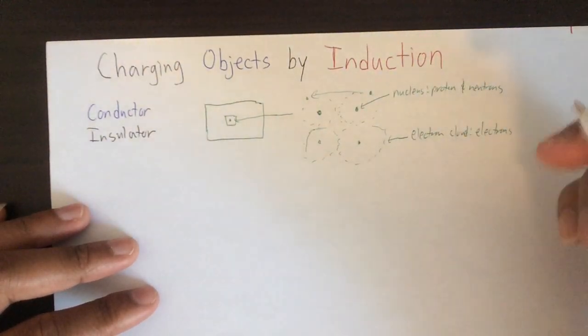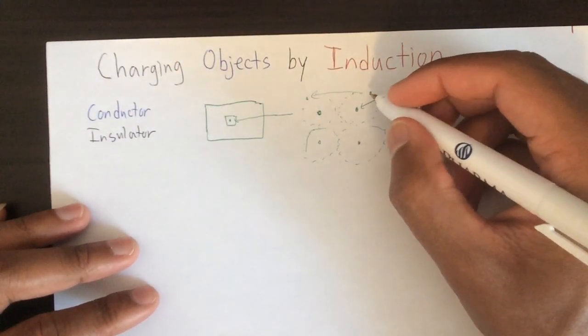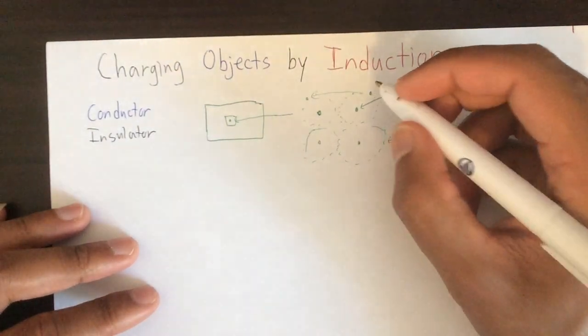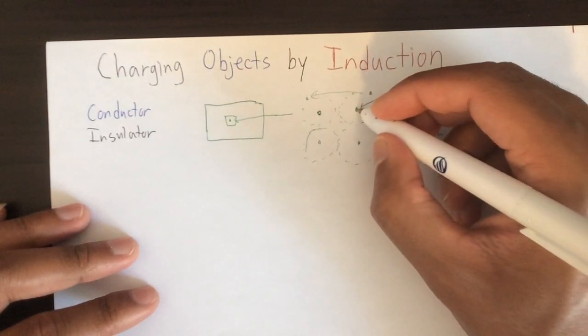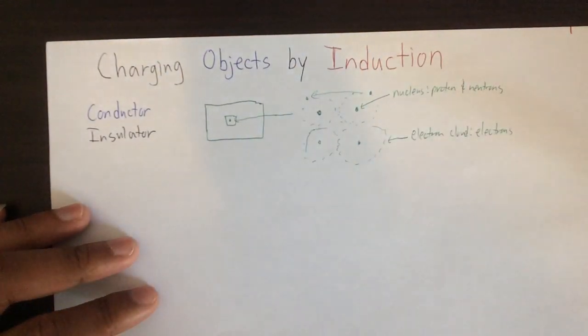Now, if it has some behavior where the electrons are not so strongly set next to their own nucleus, this is what's called a semiconductor.